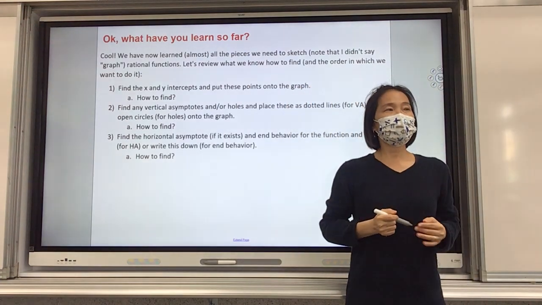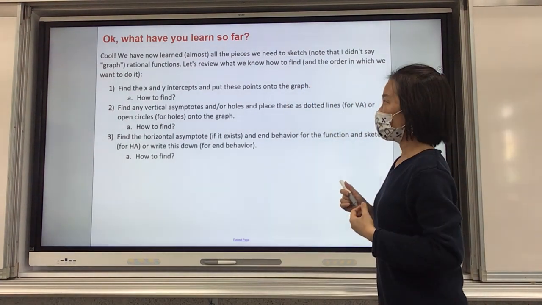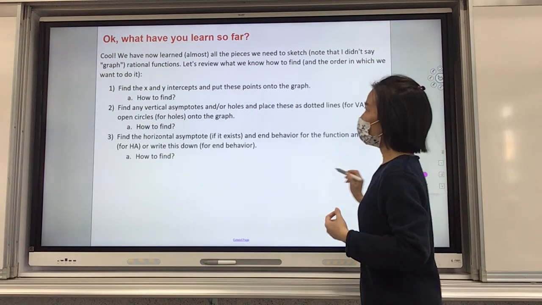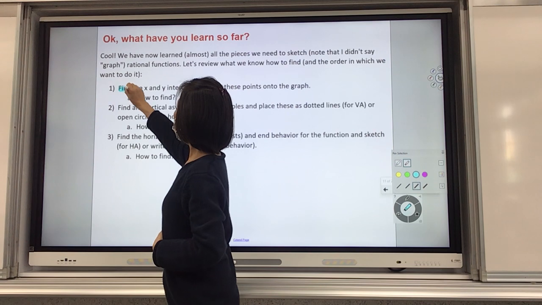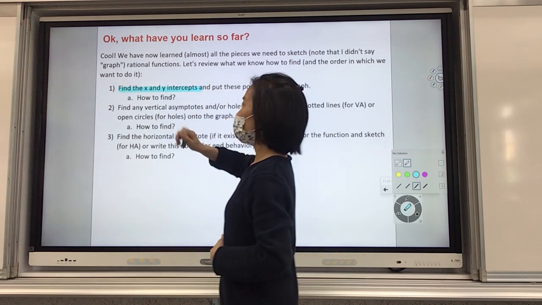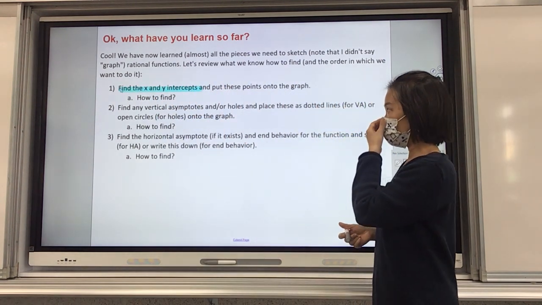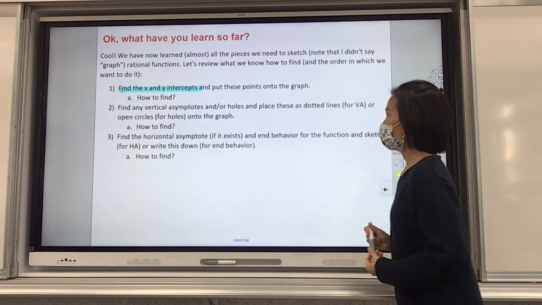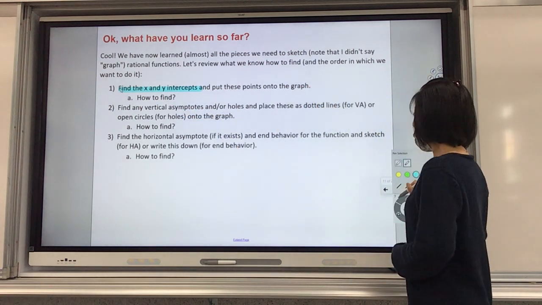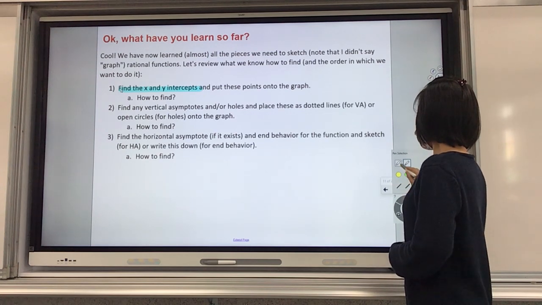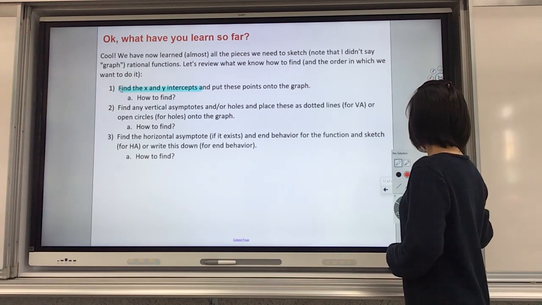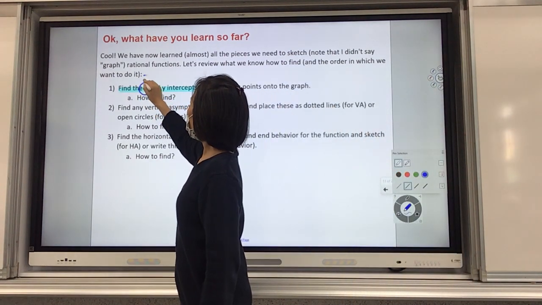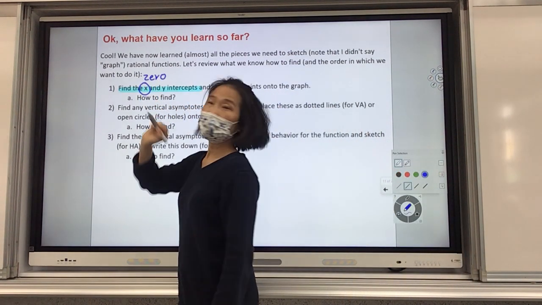When you start with graphing a rational function, these are the steps. First, we can simplify, factor and find the simplified version and try to find the x and y intercept. All right, how to find it? The x-intercepts are finding the zeros.